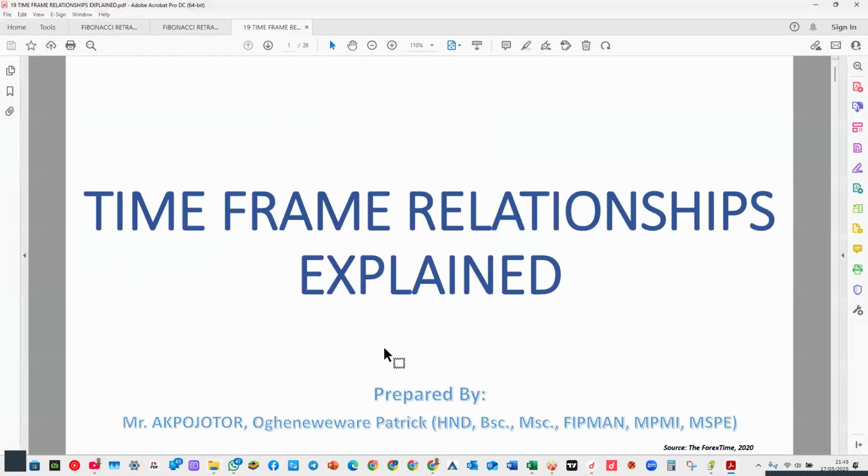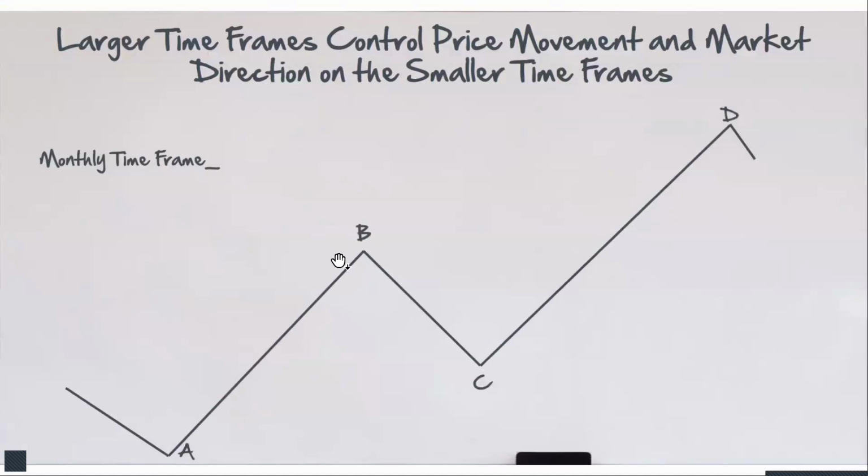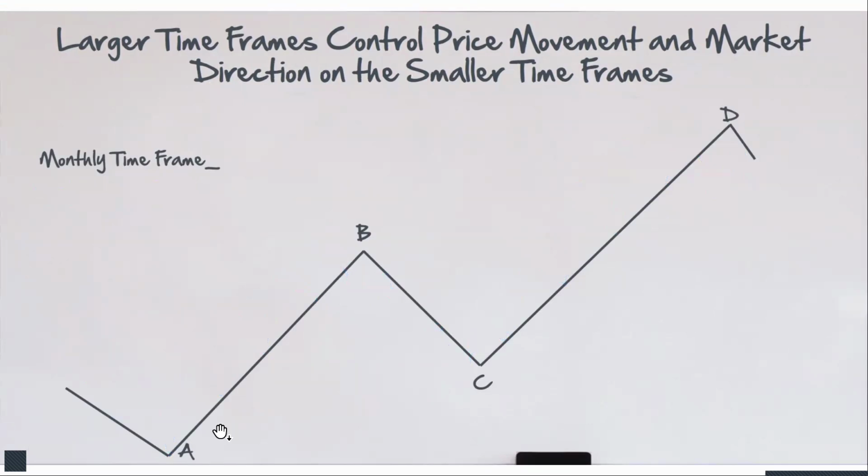Let me just quickly scroll. Okay, so beautiful. What I'm trying to explain is this. This is the monthly time frame, and we have the weekly time frame. Can you see that on the monthly time frame, this is A, B, C, D?